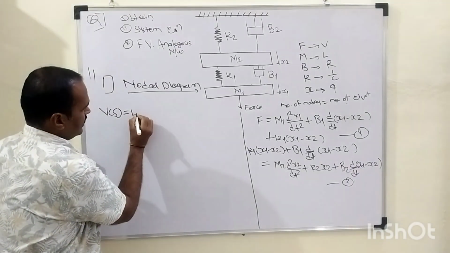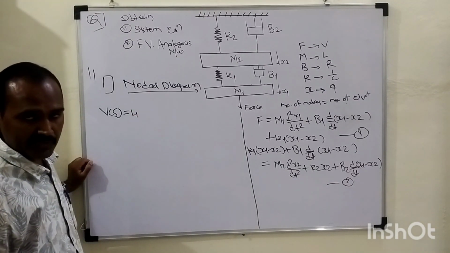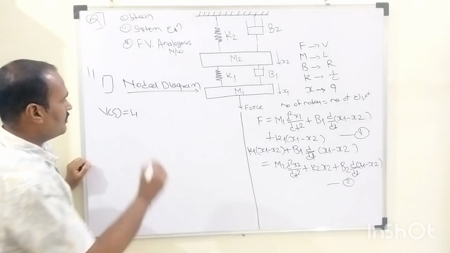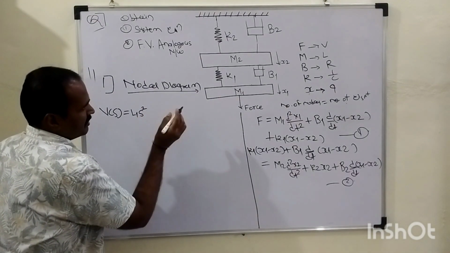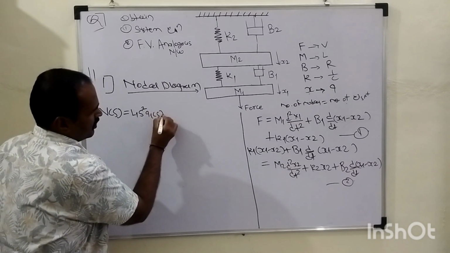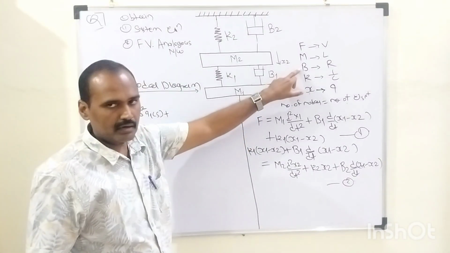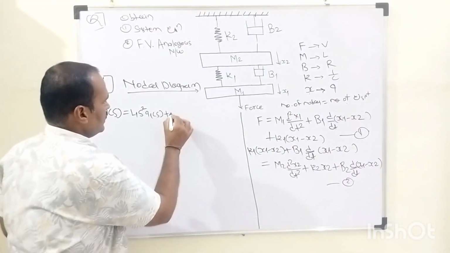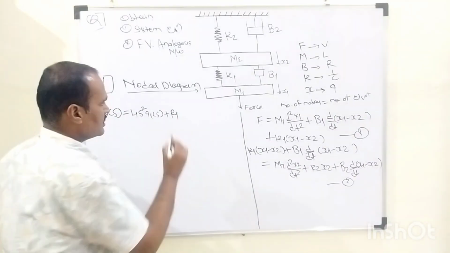V of S equals, M is analogous to L. So if it is M1, then it will become L1. As it is a second order differentiation, which Laplace variable is used? S square. X is replaced by Q. So it will become S square into Q1 of S plus B is analogous to R. So B1 becomes R1. First order differentiation means which Laplace variable?